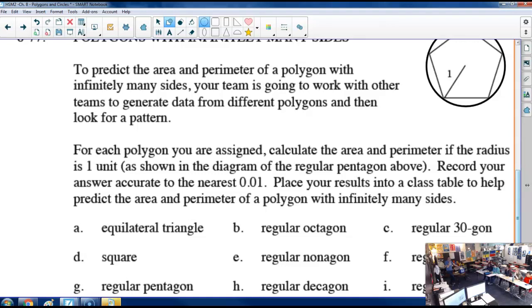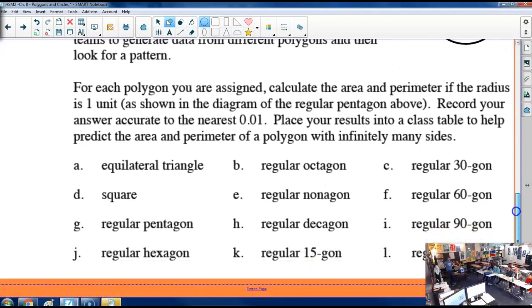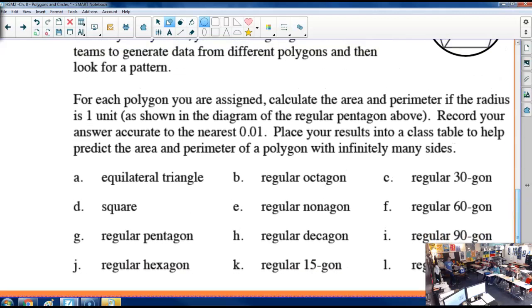So I wonder, is there any sort of rule that we could create if every one of these polygons is going to have a radius of 1? Let's each of us pick one of these. If they all have a radius of 1, that means they'll all be inscribed inside a unit circle.